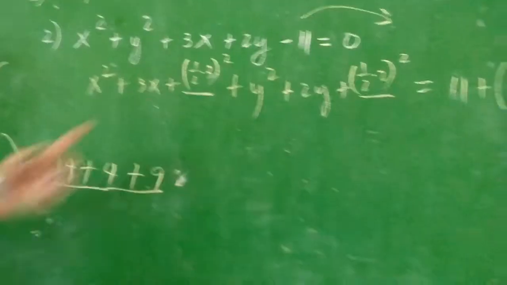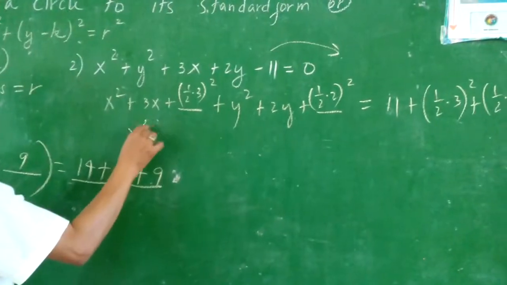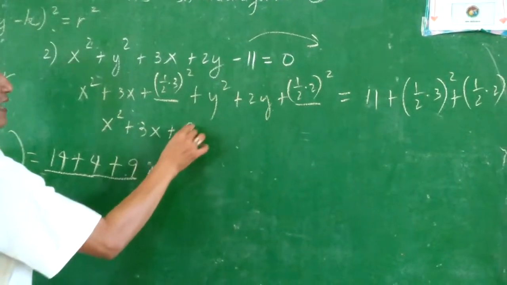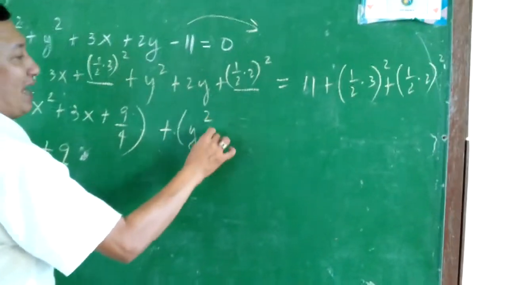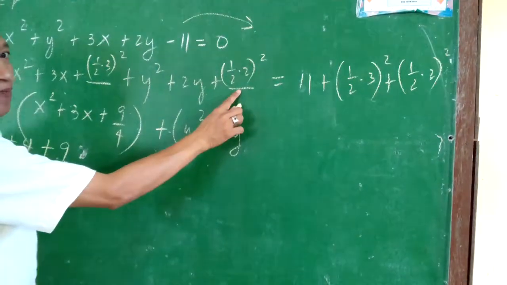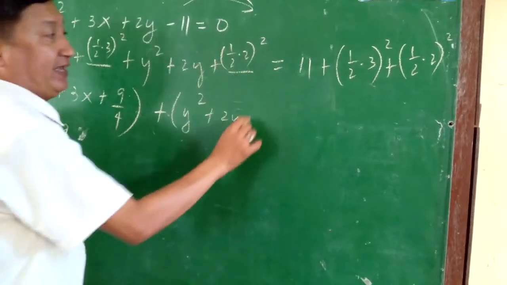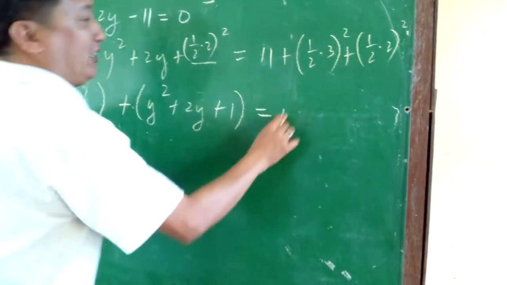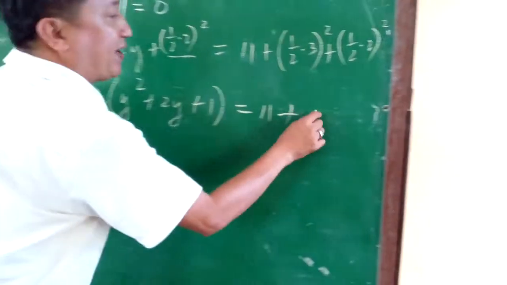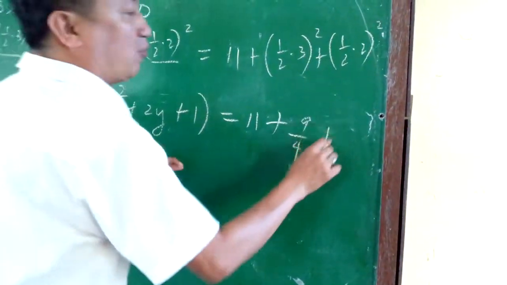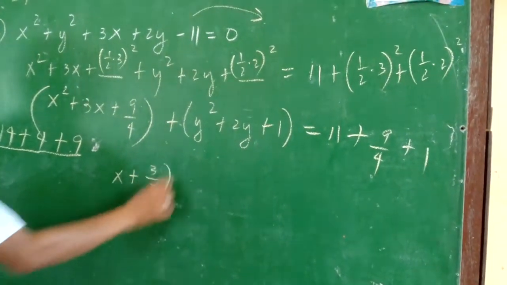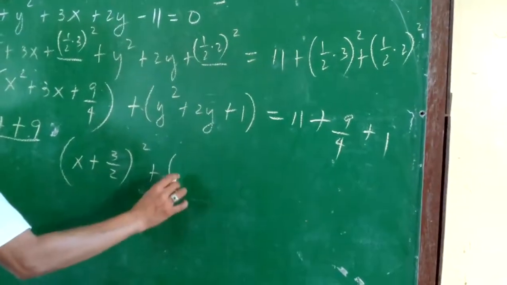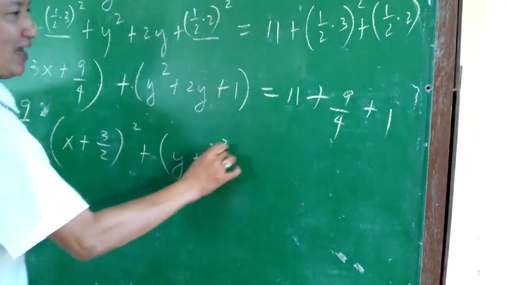But what is 1/2 of 3? 3 over 2. You square 3 over 2, you will have x squared plus 3x plus 9 over 4. What about here? Plus the quantity of y squared plus 2y. 1/2 of 2 is 1. Square it, plus 1, is equal to 11 plus 9 over 4 plus 1. And you will have x plus 3 over 2, the quantity squared, plus the quantity of y plus 1 squared.